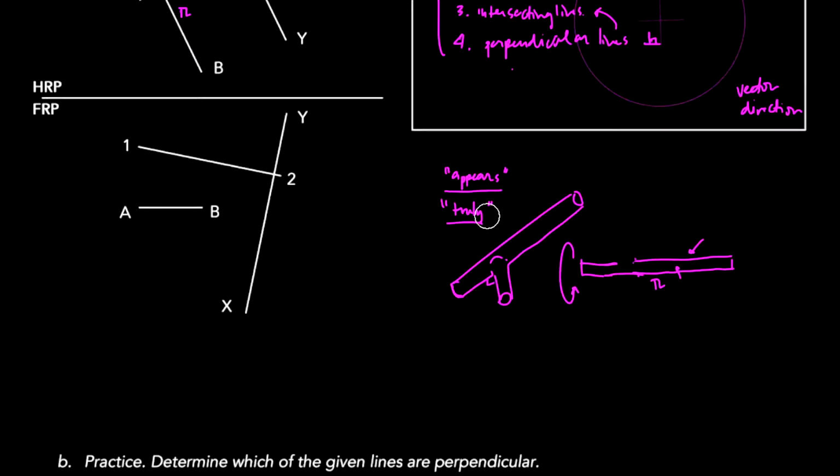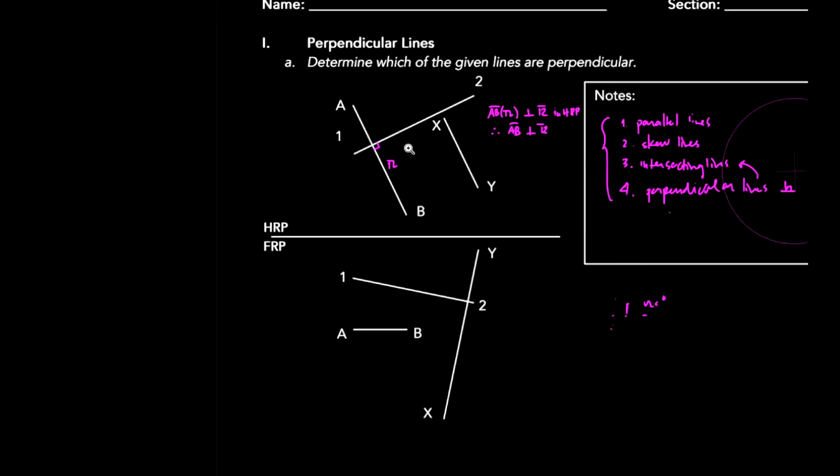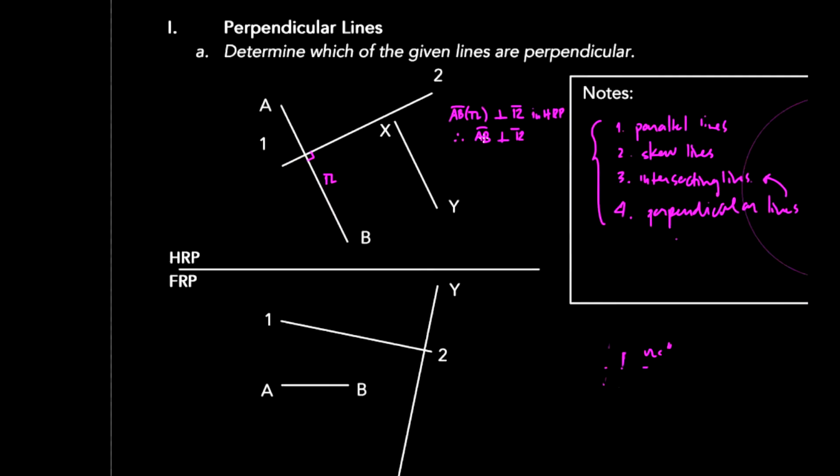So that's why in this particular case, never natin mapuprove, kasi napakita na natin in true length itong si AB, and it's already shown na si AB is parallel, in this particular view, to the true length, and therefore hindi na sila pwede maging perpendicular.